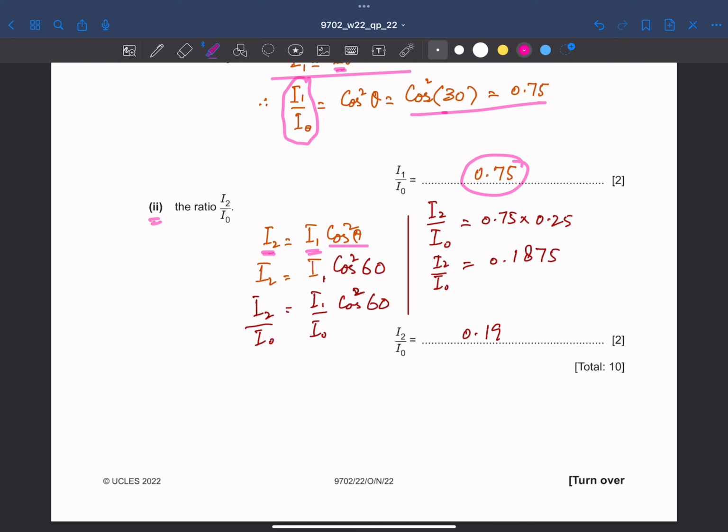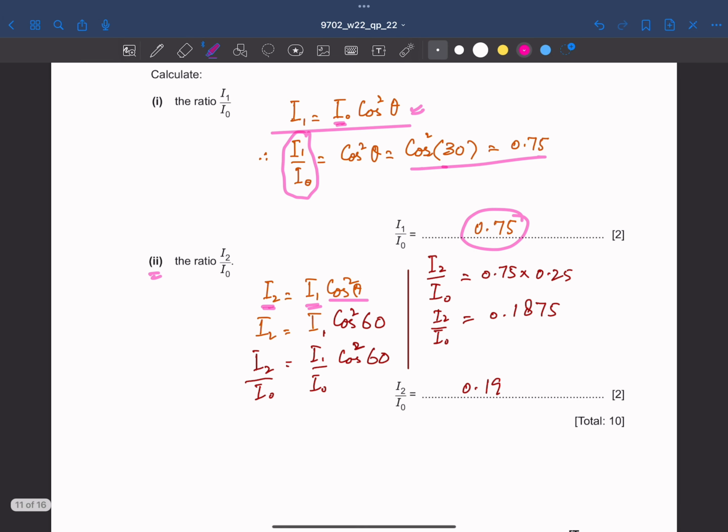If you want the result of I2 over I naught, you divide I2 by I naught, and you have to do the same thing on the other side, which is I1 over I naught. So you divide this equation on both sides by I naught. In this way you get the ratio I1 over I naught, which you have already calculated.